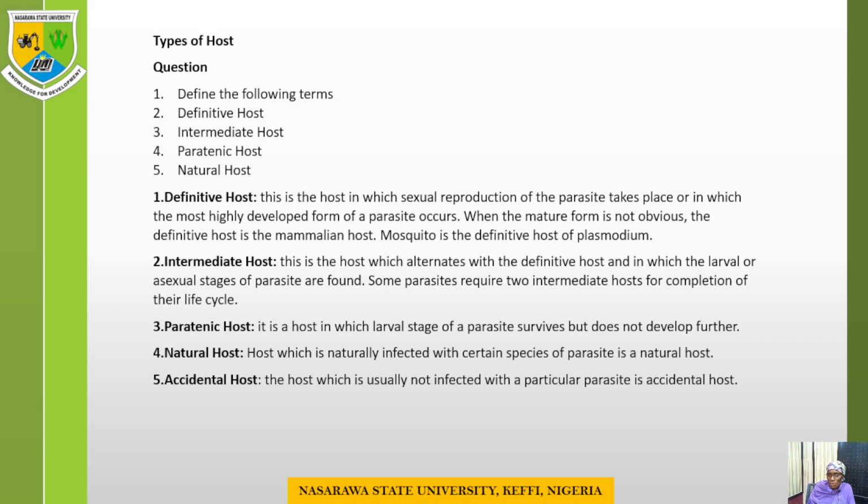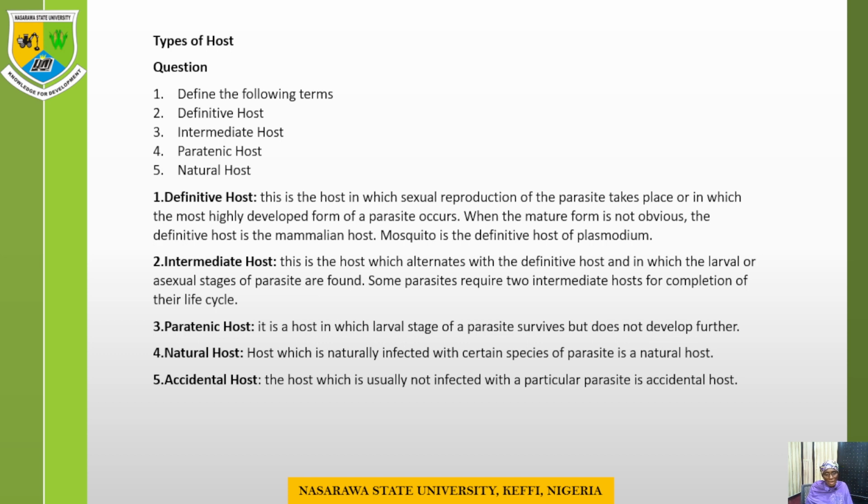Then we have the intermediate host. This is the host which alternates with the definitive host, and in which the larval or asexual stages of parasites are found. Some parasites require 2 intermediate hosts for completion of their life cycle.